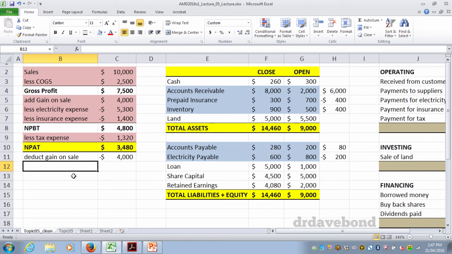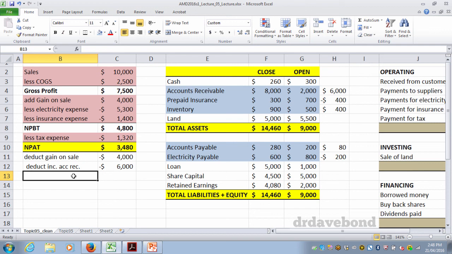Even though my profit was 1,000, I only collected 900. So if I have an account receivable increasing, it means I haven't received as much cash as the revenue that I have reported. So if I've got an increase in an account receivable, I need to deduct for an increase in account receivable. And then you can just base everything on that idea.